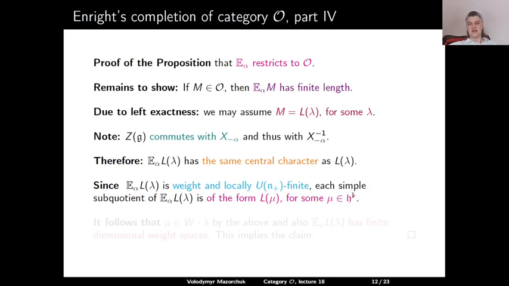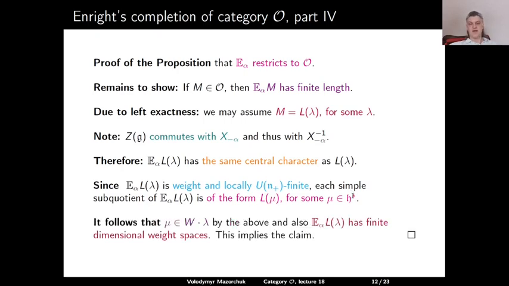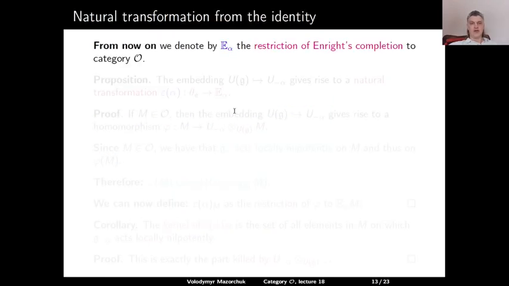But then, since the central character is preserved, we obtain that mu must belong to the dot orbit of lambda, and since we already know that Enright's completion has finite dimensional weight spaces, we get that it must also have finite length. From now on, we denote by E alpha the restriction of Enright's completion to category O.